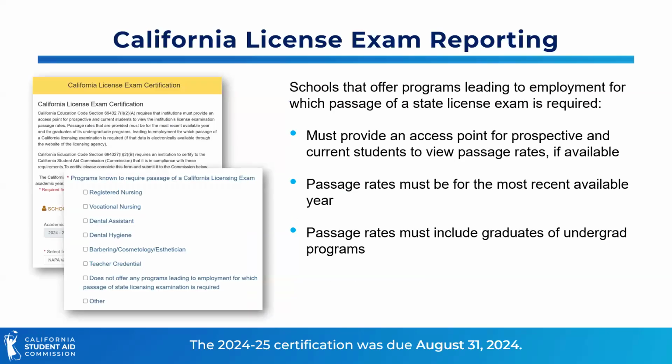Now, this is also specified in the Cal Grant IPA. It is part of California Education Code, and this is all about reporting for California license exam data. So schools that offer programs leading to employment for which a passage of a state license exam is required, these schools must provide an access point for prospective and current students to view the passage rates of the state license exams, if it's available.